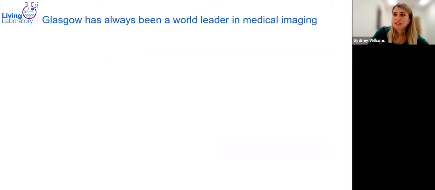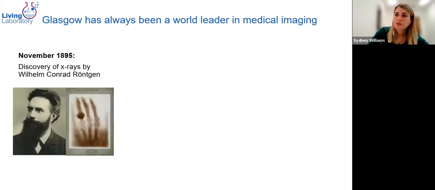In general, here in Glasgow, we've always been at the forefront of medical imaging and its technology, because the whole field started across the world with the discovery of the X-ray in 1895 by a German scientist, Wilhelm Conrad Röntgen.